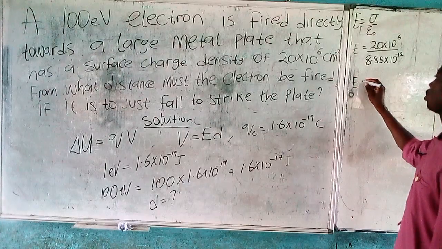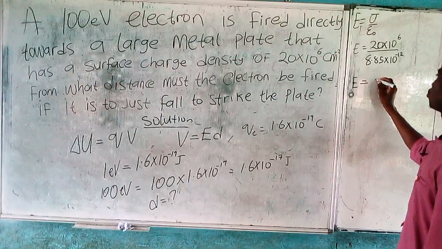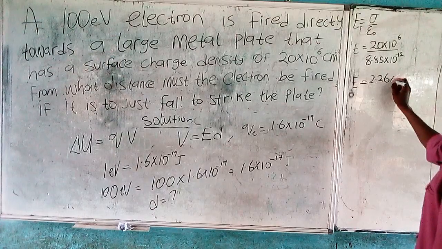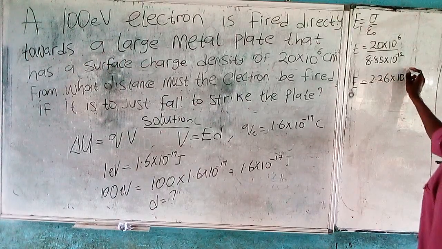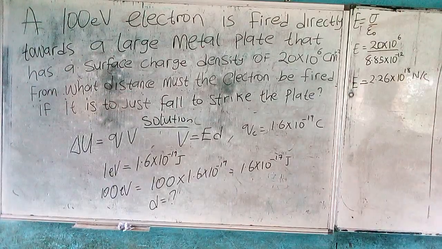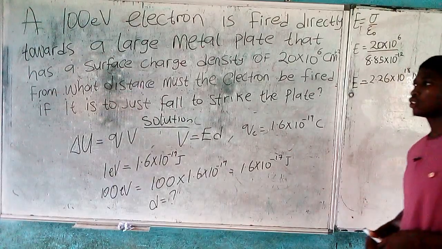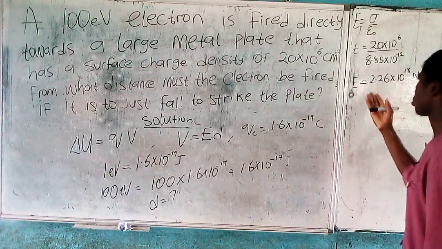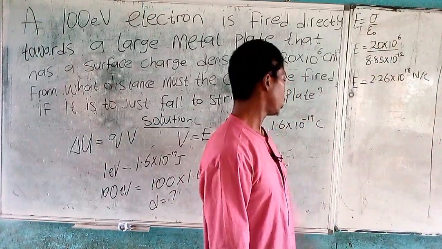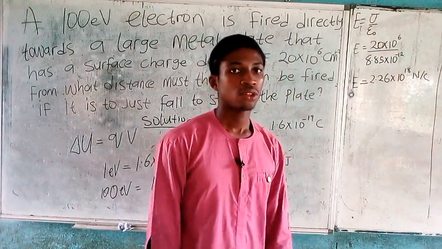Therefore E will be approximately 2.26 times 10 to the power of 18 newtons per coulomb. Please make sure you are checking our calculation, very important. So this is what you will have as your electric field. Therefore, we just input that.